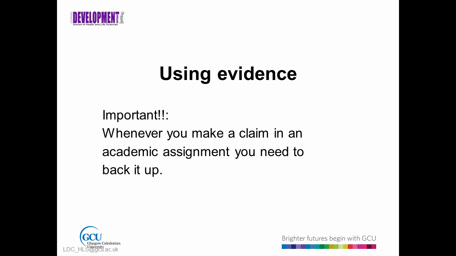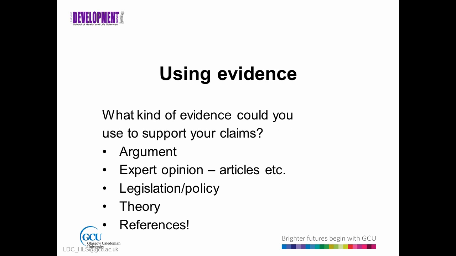Okay, let's go on to talk about using evidence. The important thing to think about when you're writing at university is that every claim you make in an assignment needs to be backed up. Now that doesn't necessarily mean it needs a reference, but it needs to be backed up. You need to convince your reader of what you're saying. So, kinds of evidence that you could use to support your claim.